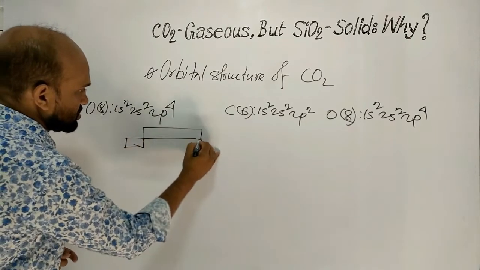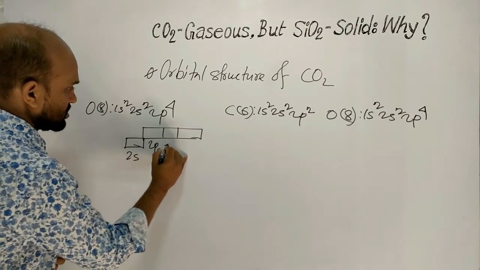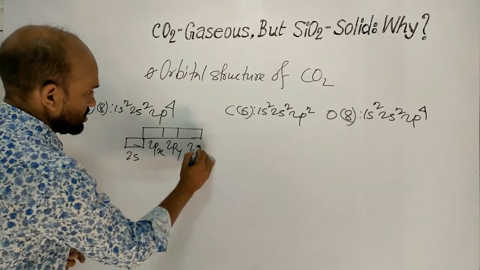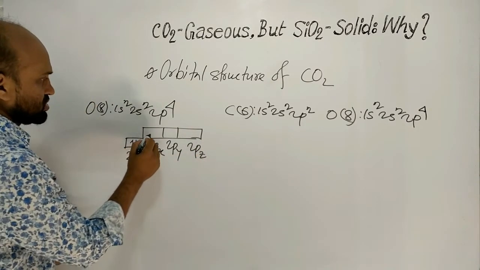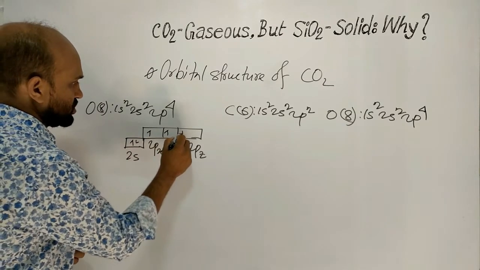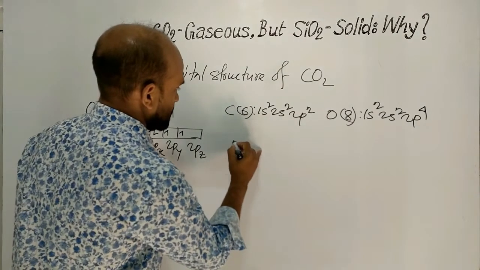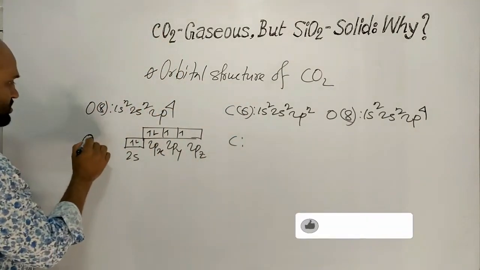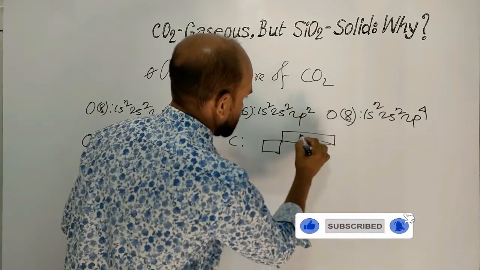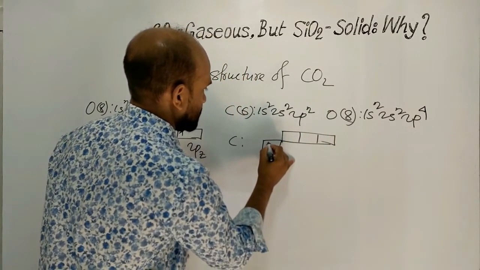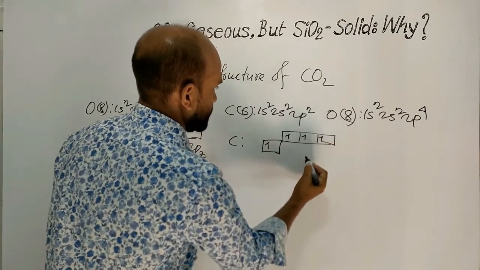2s, this is 2px, 2py, 2pz. Here 2 electrons, then 1, 2, 3, 4. Carbon in box system, this is oxygen. 2s, 2p, 1, 2, 3, 4.